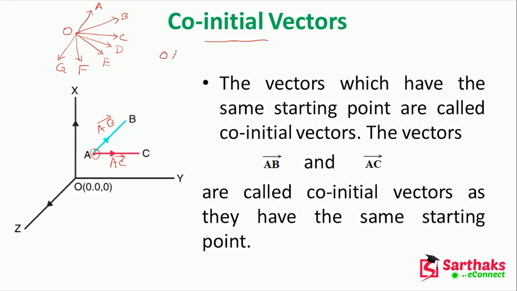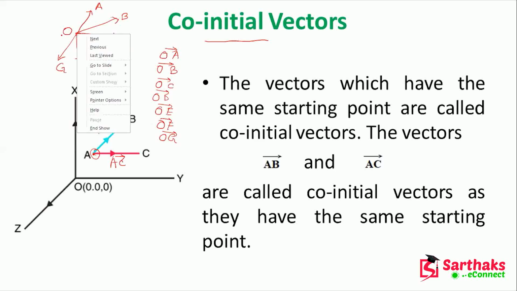Here you have the OA vector, OB vector, OC vector, OD vector, OE vector, OF vector, OG vector, a lot of vectors. But they are originating from the same point, that is the point O. So the OA vector, OB vector, OC vector, all are co-initial vectors because the point O is the same.